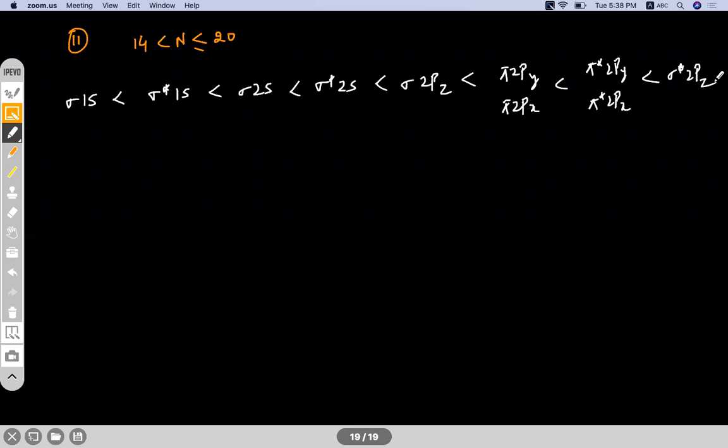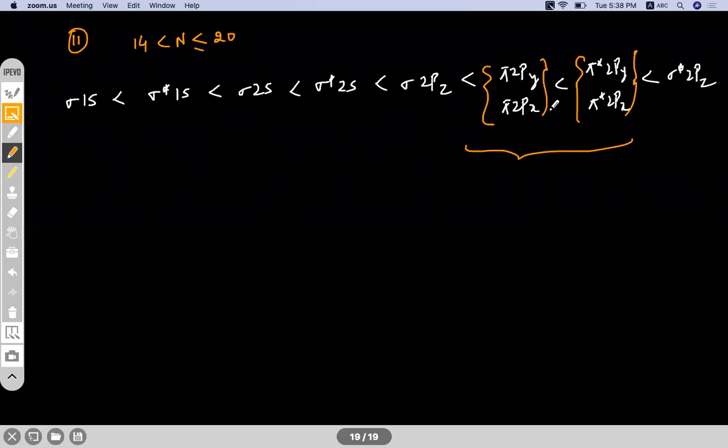Okay, this is the order. Means this position we have interchanged, that is it. Here also we have the same thing. These two are degenerate, these two are degenerate, equal energy orbitals, right? We follow Hund's rule here also.